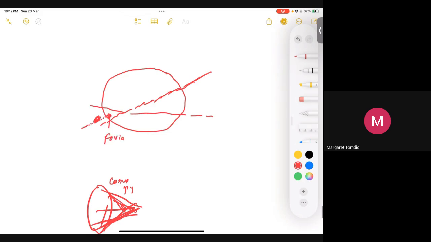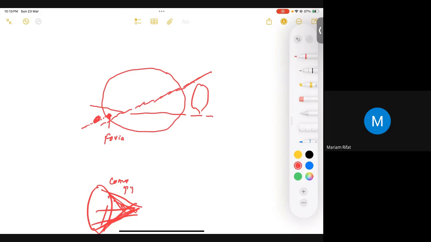So we are going to use a convex lens. Why? Because due to the increased refractive power of the convex lens, it would bring the image in front, that is, onto the fovea, and the vision is going to be corrected. Is that clear?